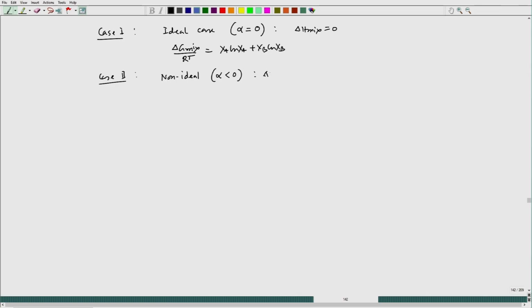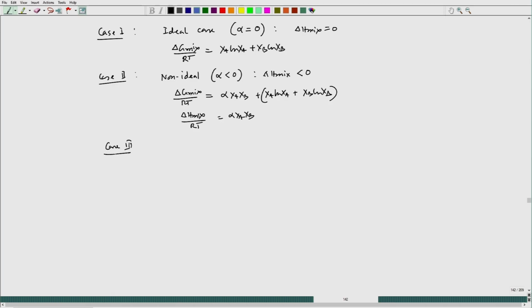That time delta H mix would also be less than 0, and delta G mix by R T will be alpha x_A x_B plus x_A ln x_A plus x_B ln x_B, and delta H mix by R T equal to alpha x_A x_B.